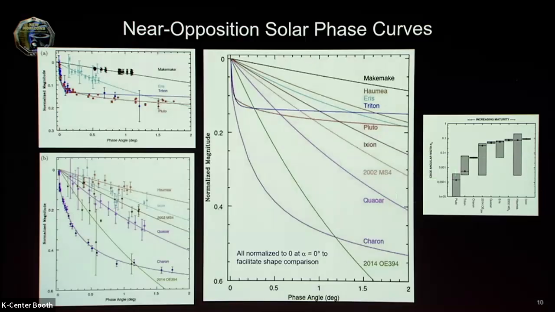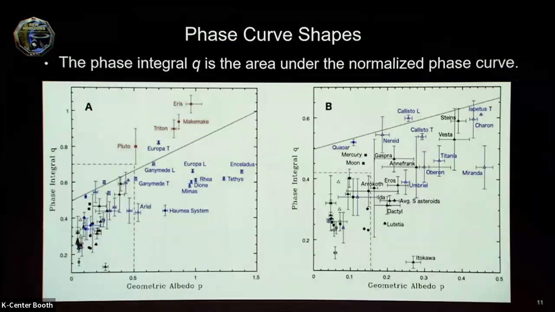So those surfaces have, of all these objects that we looked at, the lowest maturity; they're youngest. And next to that is Charon, which is also possibly a very young surface.